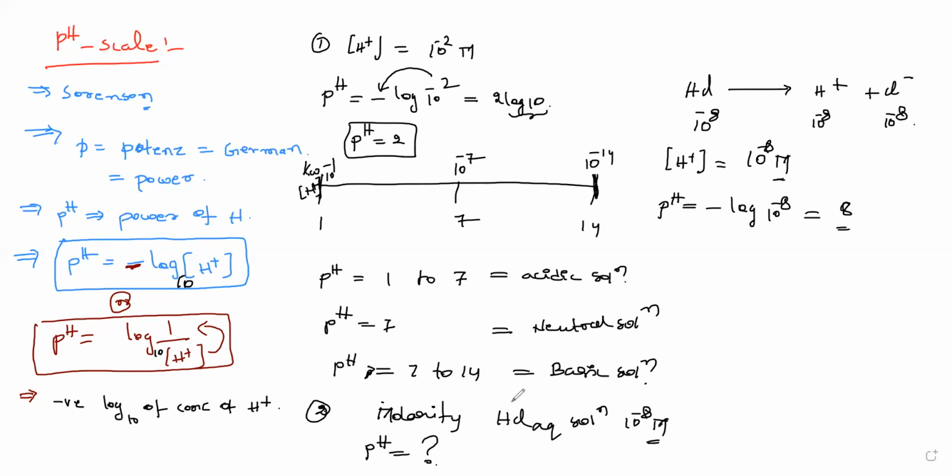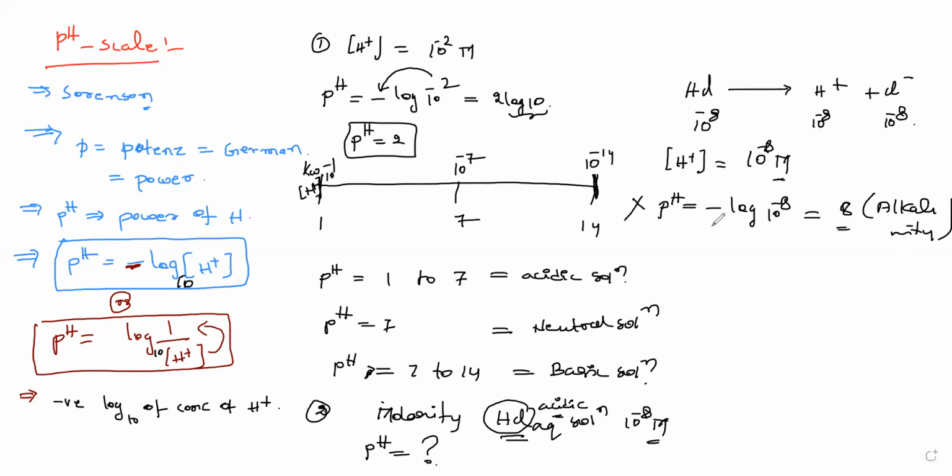But the pH of the given solution is 8? 8 means basic nature, that is alkalinity, alkaline in nature. But the given solution is not a base, it is an acid. That's why for the given solution, the pH value is not 8.